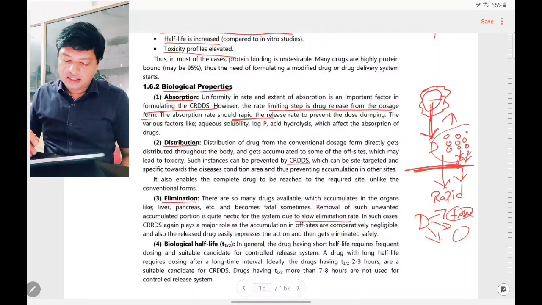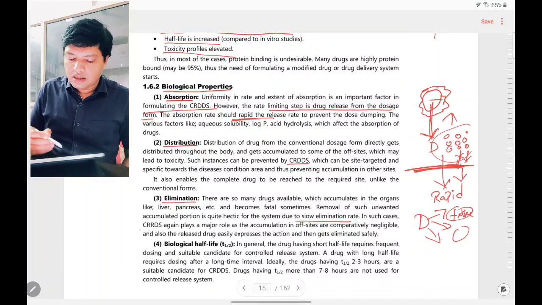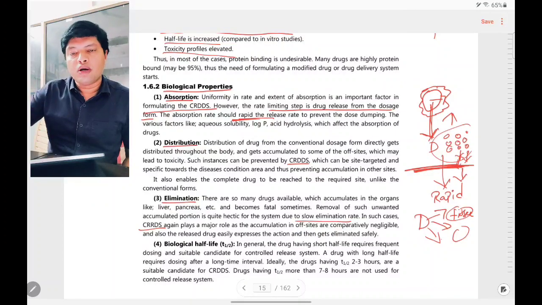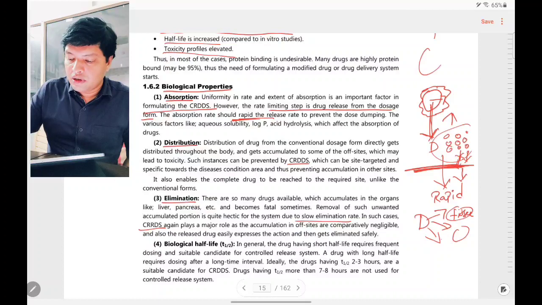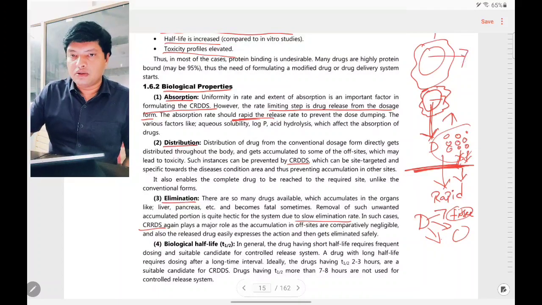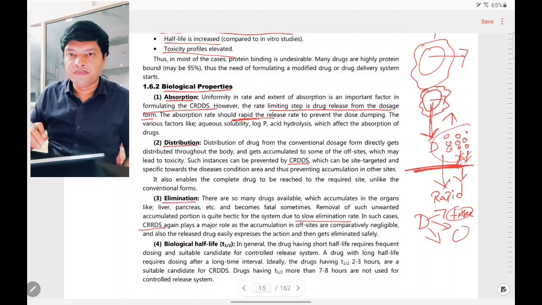In such a case, if the removal is slow, what are we going to do? If the drug has slow removal, you can design the drug into controlled drug delivery, because you are controlling the release of the drug. So you are controlling the amount of drug which is going to enter the systemic circulation.